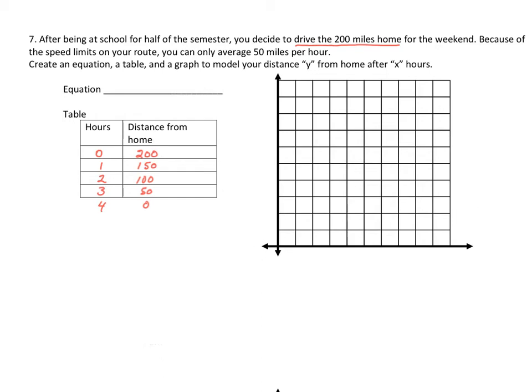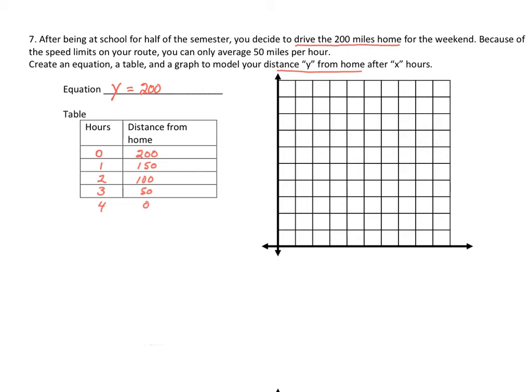Now, if you think about how to write an equation, now we could plot those points. I have no problem there. But if you were going to write an equation, then make your equation make sense also. Okay, so if y is the distance from home, you're going to start at 200 miles from home. Okay, start there. That would make sense, but that only works for not driving yet.